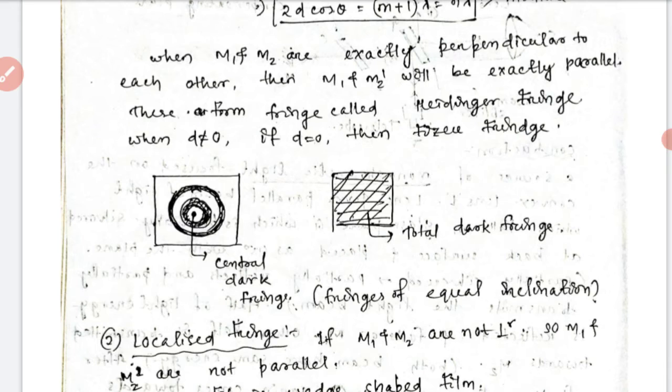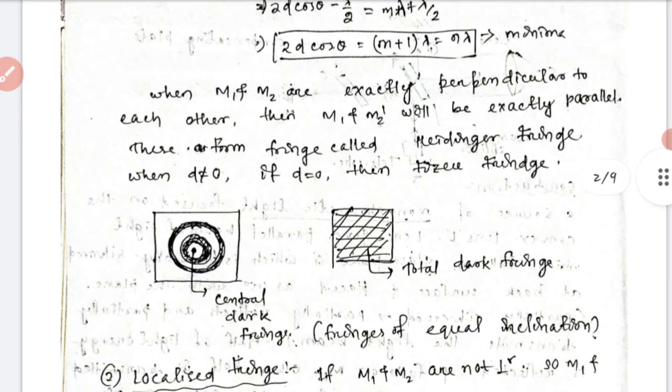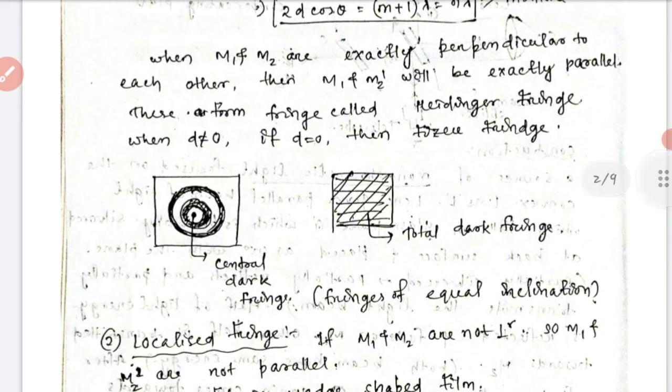There is a separate theory on Haidinger fringes. I have provided the notes in this video, but if you want a separate video, write in the comment section. And in the case of Haidinger fringes, the distance d, that means the distance between M1 and the virtual image of M2, that is M2 dash, is d, or d is not equal to 0.